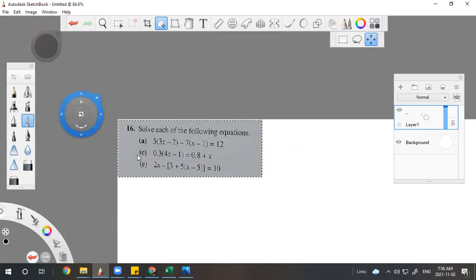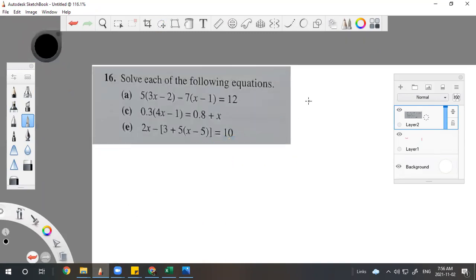So for number 16a, what you can do, simple. Just do the rainbow rule, each of them like this, and then put equal 12. So 15x minus 10 minus 7x plus 7 equals 12, right?